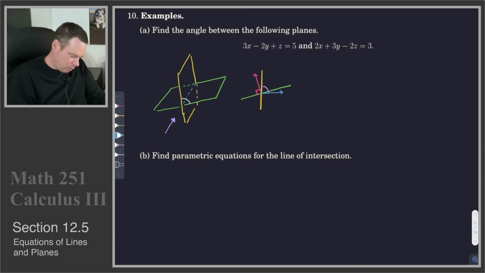So instead of drawing that normal vector to the green plane as going up in that direction, I'll draw it coming down. Okay, so there I've got our normal vector to the green plane. I've got our normal vector to the orange plane. And the angle between these two vectors is precisely the angle between the two planes.